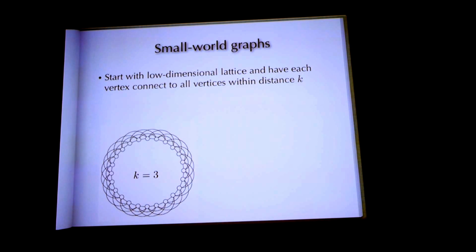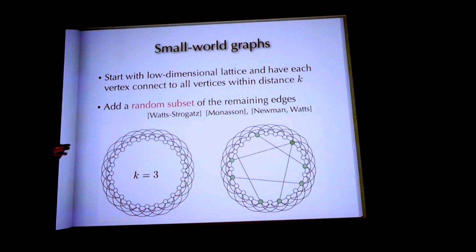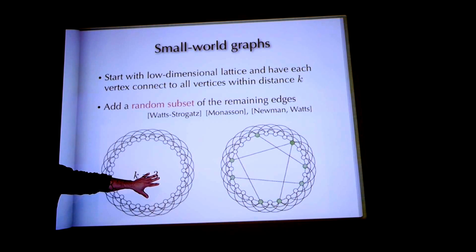One idea to get so-called small world graphs is to start with some kind of low-dimensional lattice, like this one, where every vertex connects to all vertices within a certain distance k. Think of k as a small number. And then perhaps you augment this, either by rewiring some of these edges or by just throwing on a few edges at random. And people have argued, well, this is a realistic model, it has this property and that property and so on.